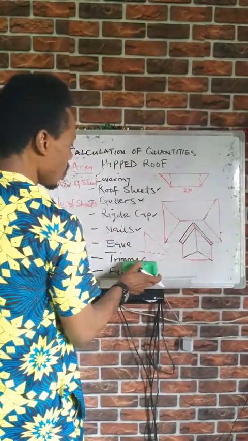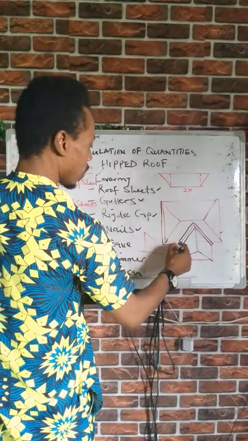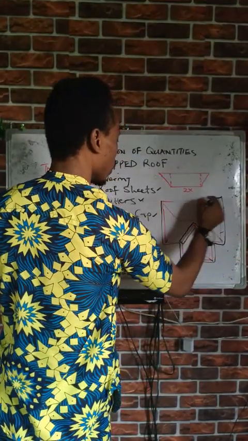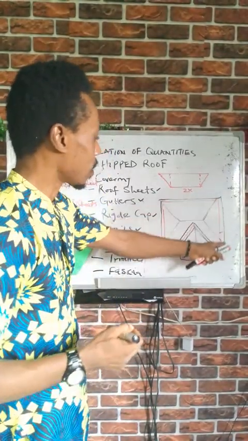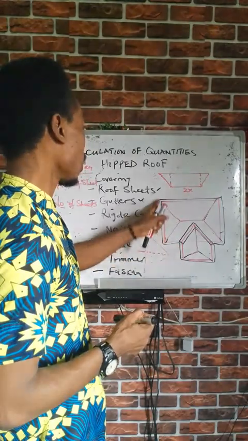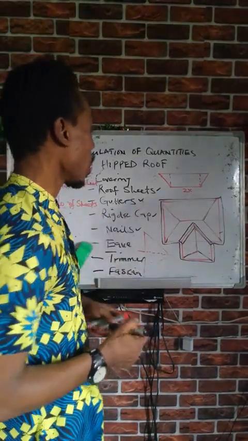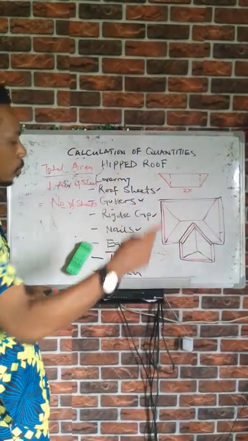Then the eave runs at the side, this way. All you need to do is get the total length, the overall length, which is the perimeter of the building.